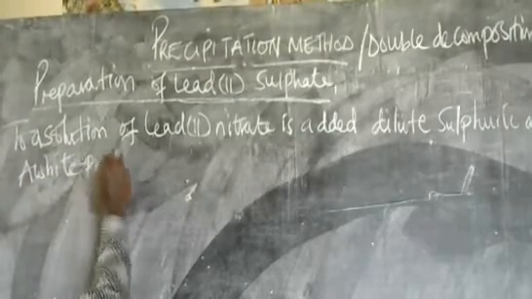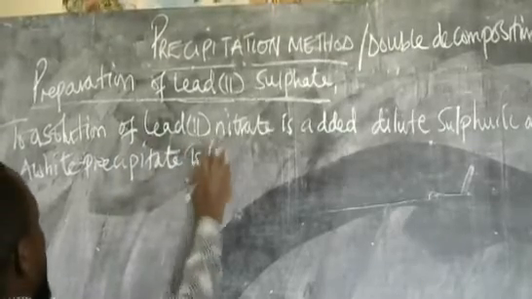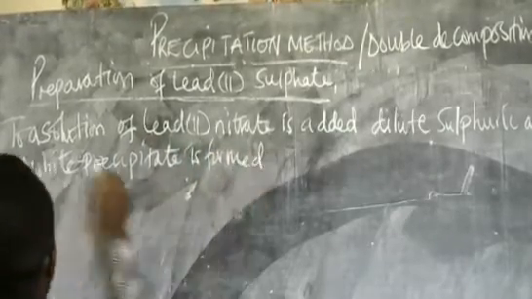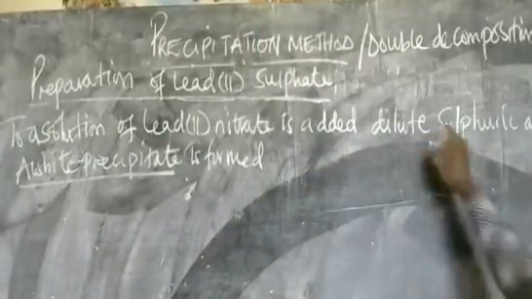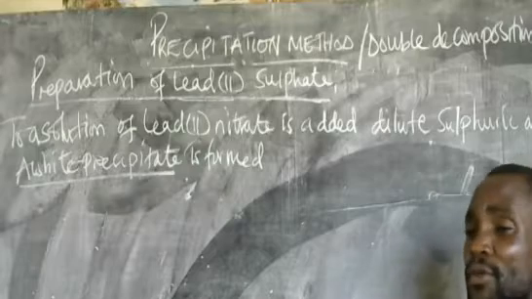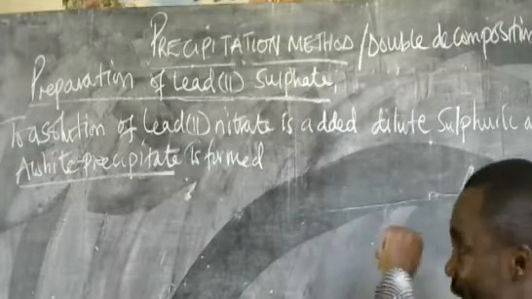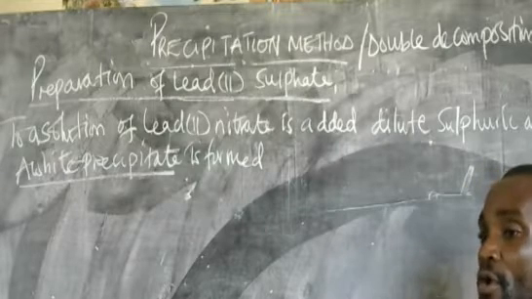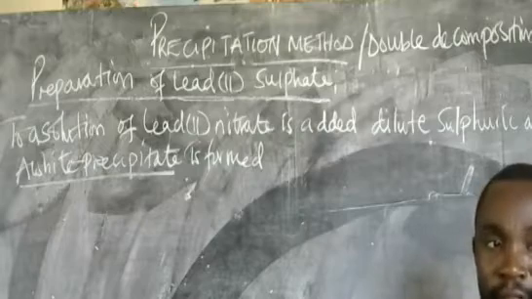A white precipitate is formed. That is lead 2 sulfate. Then we continue to add the sulfuric acid. Why do we continue to add the sulfuric acid? To ensure that all the lead 2 ions have been completely precipitated out as lead 2 sulfate.